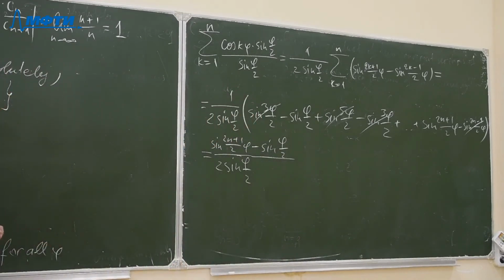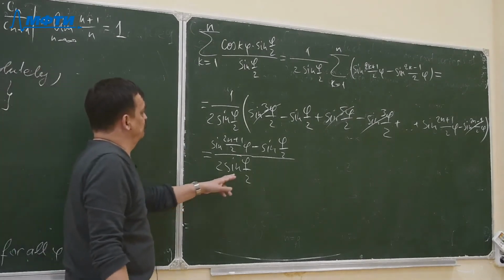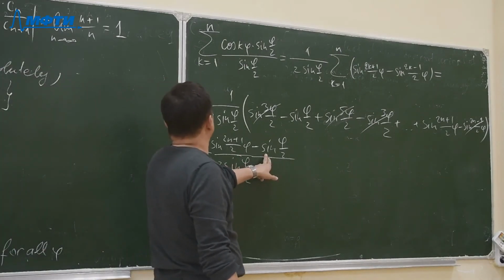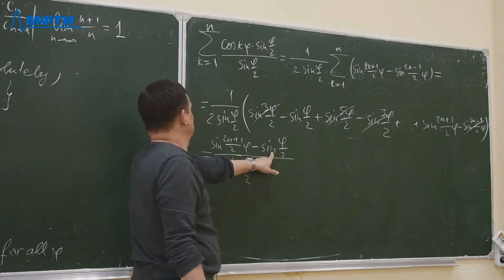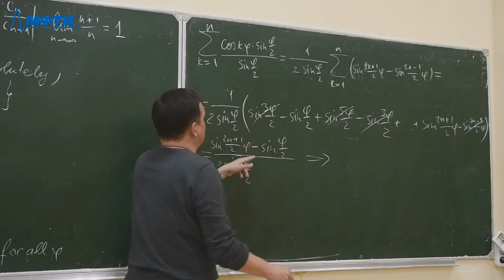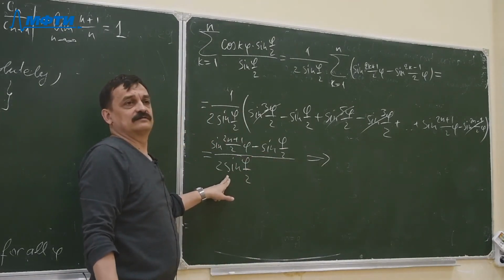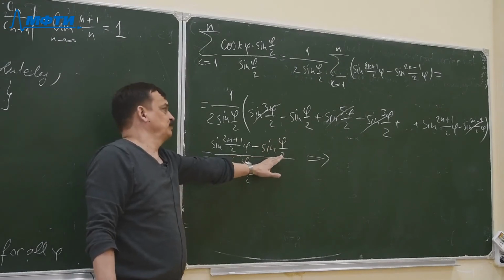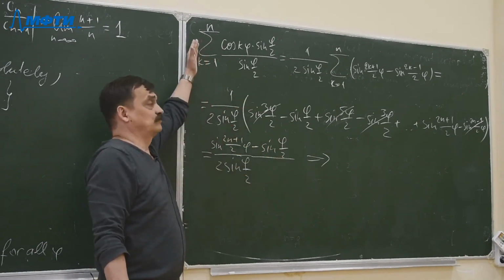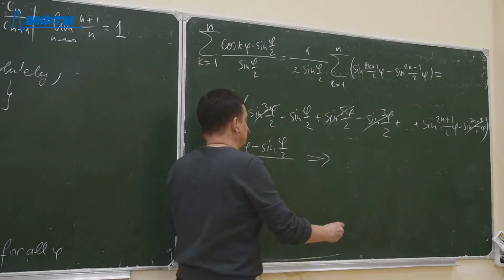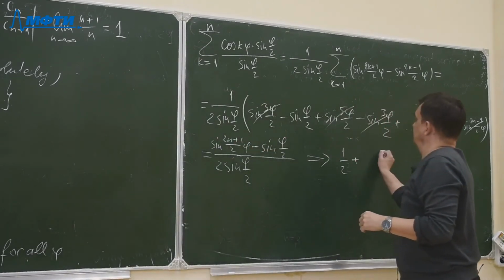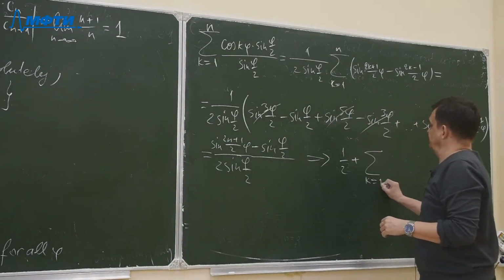In fact, that is a very important formula. So you see what follows from this equality. I have minus 1/2, right? So I'll put this 1/2 to the left hand side, and it gives the following formula. And that is a very important formula.